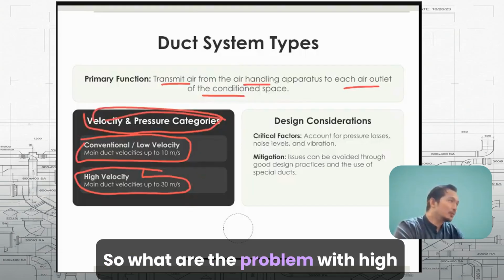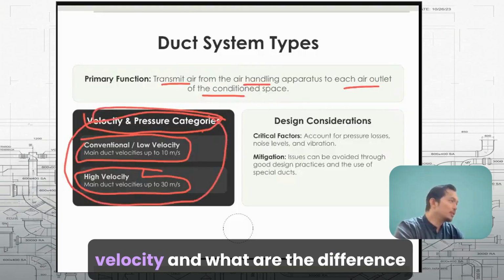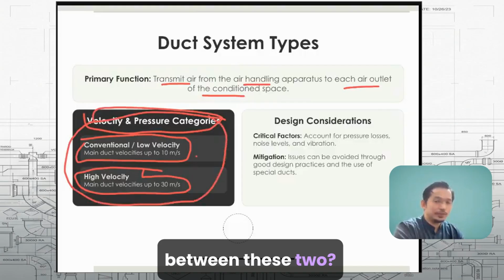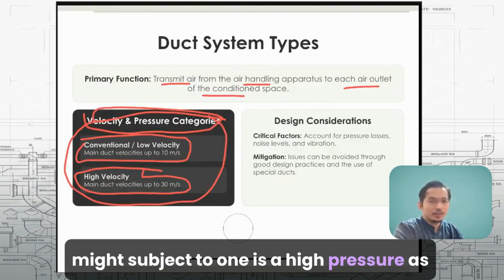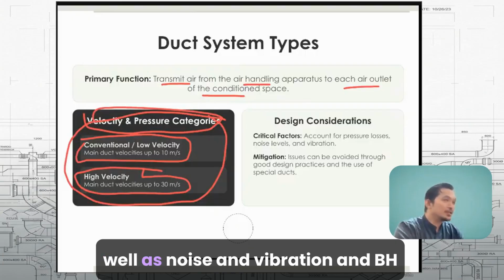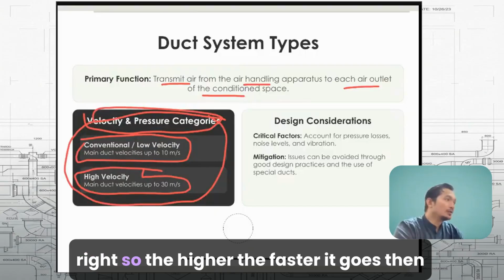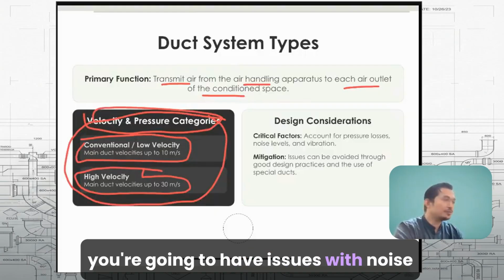So what are the problems with high velocity and what is the difference between these two? Basically, high velocity means it might be subject to high pressure as well as noise and vibration, NVH. The faster it goes, the more issues you have with noise.